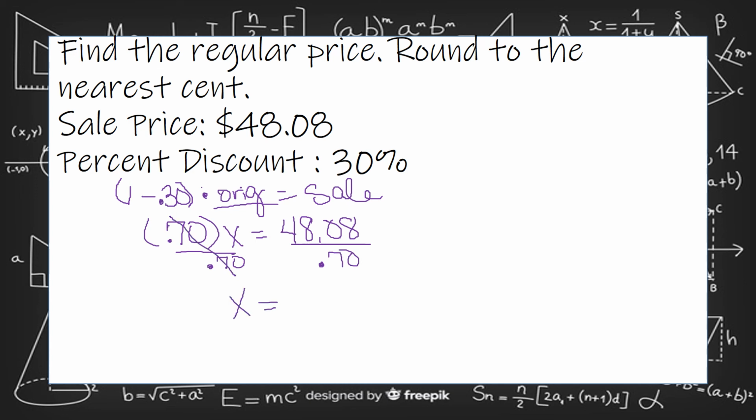And I get X equals, and I'm going to use my handy dandy calculator to help me do the math there. 4808 divided by 0.70 would be $68.